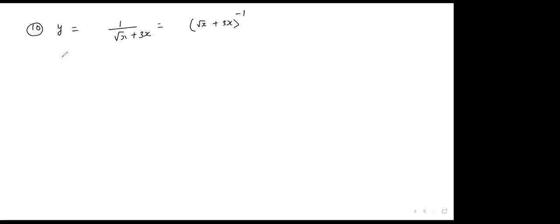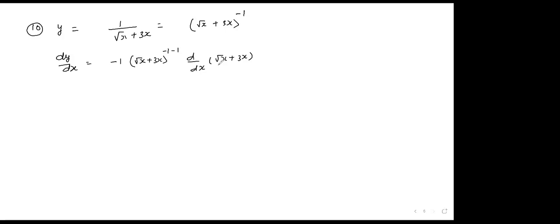Now dy over dx equals to -1 take outside, and (√x plus 3x) power -1 that is -2, and we shall multiply by the derivative of √x plus 3x as well.